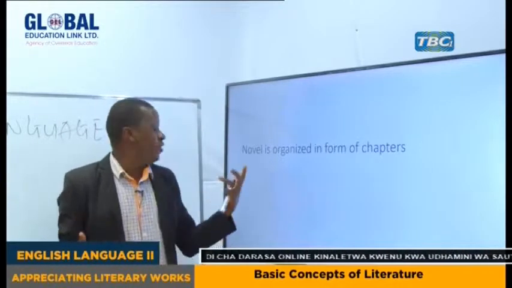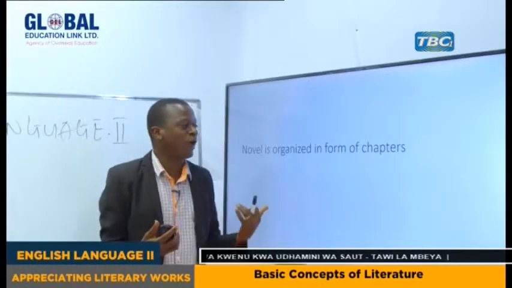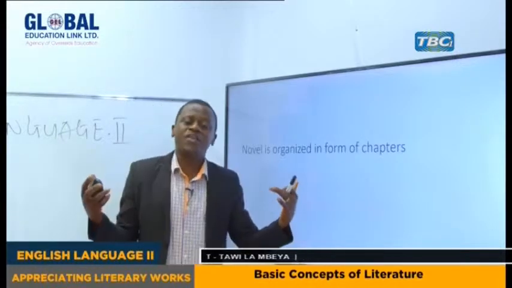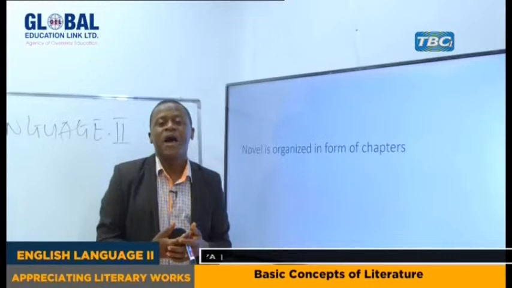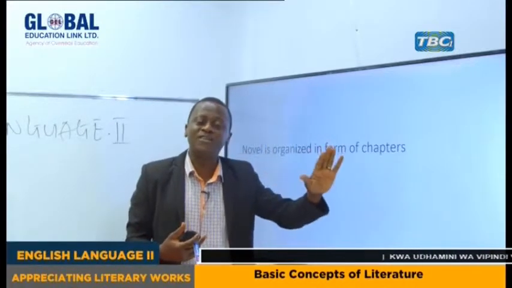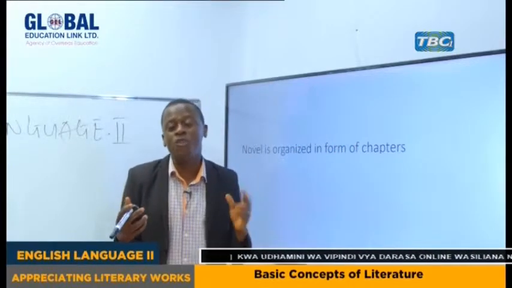Students, let's move to another feature that describes a novel. It says a novel is organized in form of chapters. A novel is organized in form of chapters. And the chapters can be either long or short. One novel can contain 10 chapters, 15 chapters, 20 chapters, etc. It depends on the author.